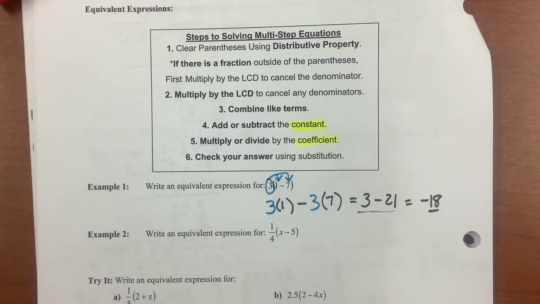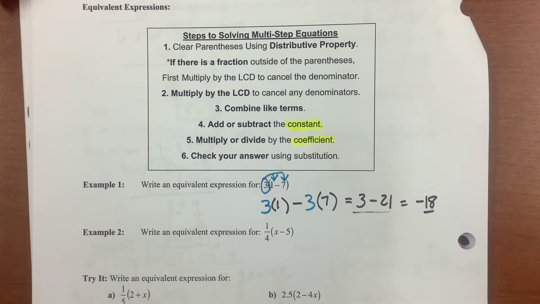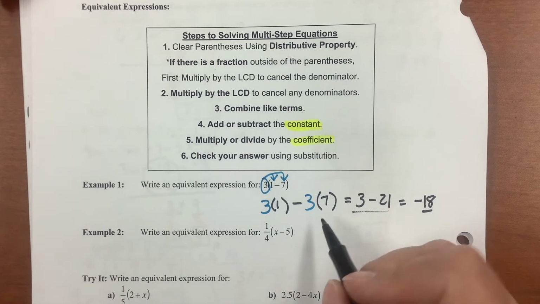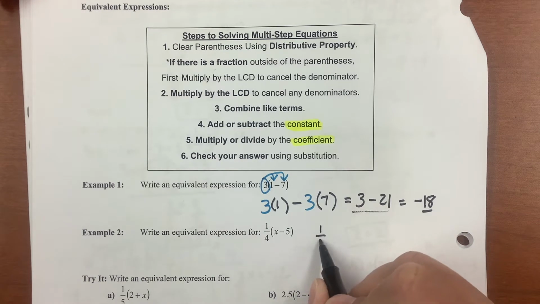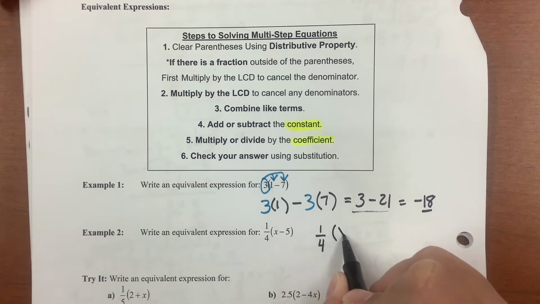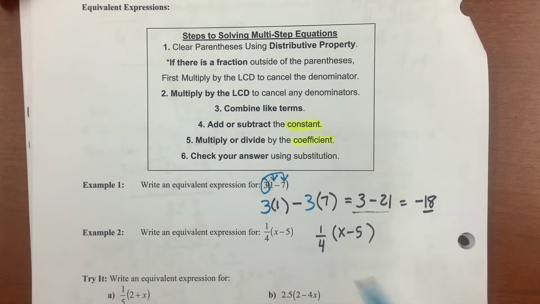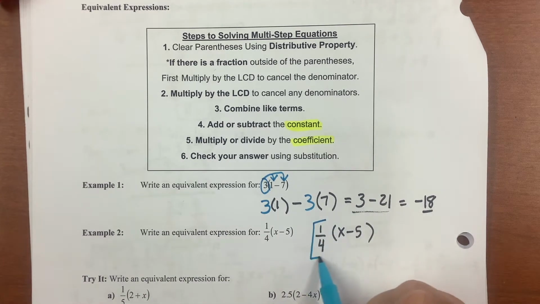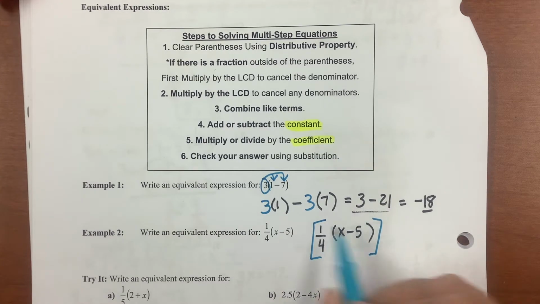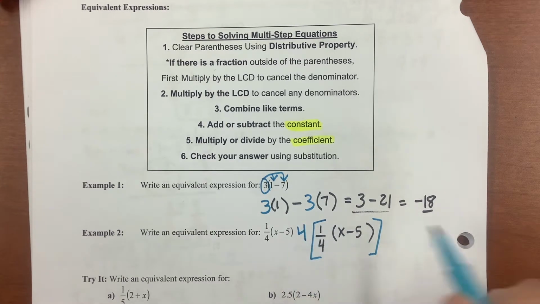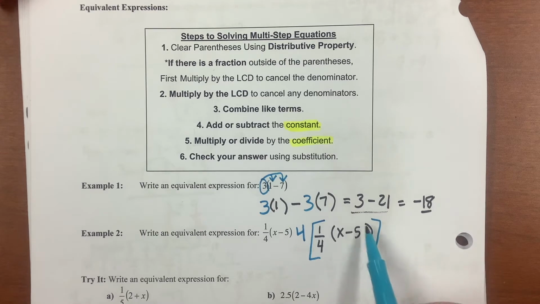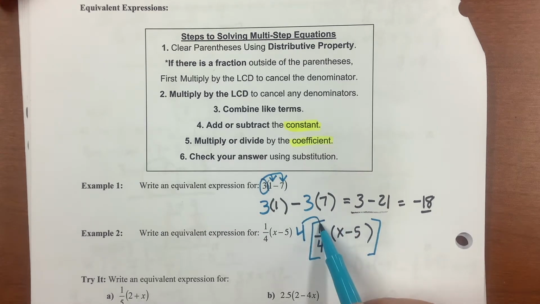I think it'd be easier to get rid of the denominator first. So, if I have 1/4 times x minus 5, and I multiply this whole thing times 4, do I have to multiply this times 4? No, just the first term times 4.